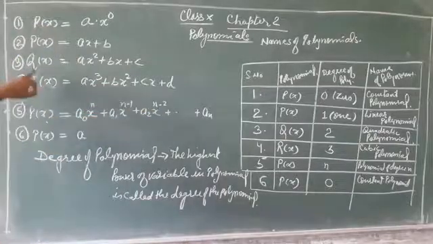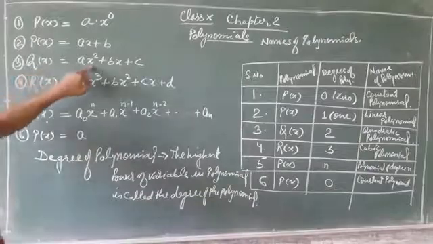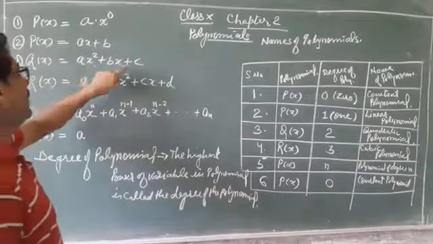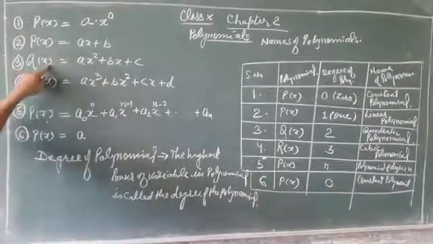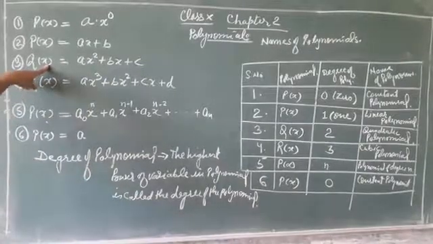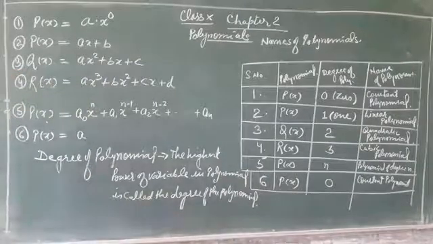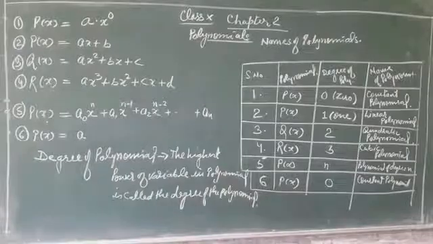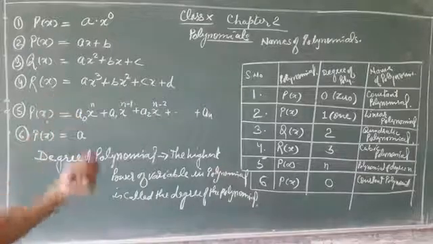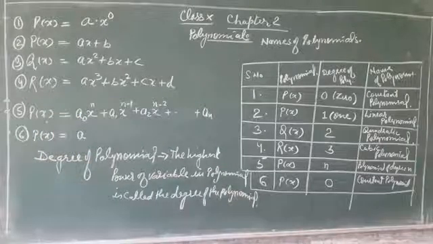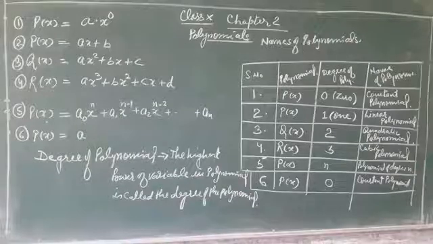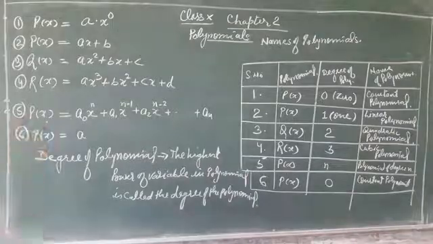Suppose this is q of x, so a x square. Here the variable of this polynomial is x, and we can write it in any English alphabet, as p of y equals a y square plus 2y plus 3 and so on. Okay, so this is the basic information about polynomials.